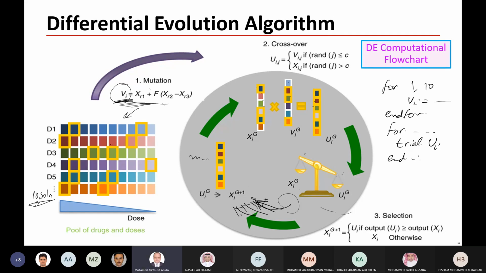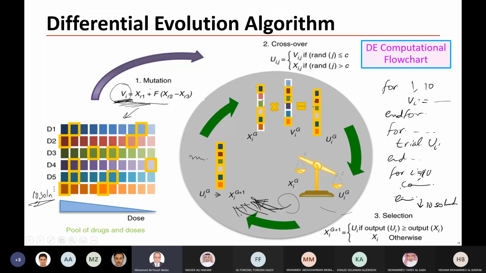So you have all the trial solutions here, and then you do this comparison. So you have a for from i equals 1 to 10, and then you compare, and either you select this or this. So at the end you have, end for, you will end up with 10 solutions here. Right? Is it clear, Fawzan? Yes, yes, sir.